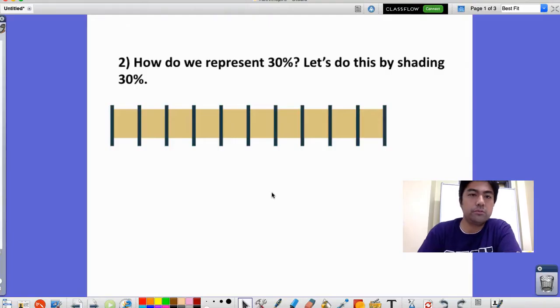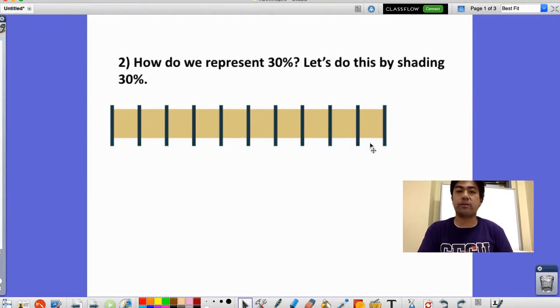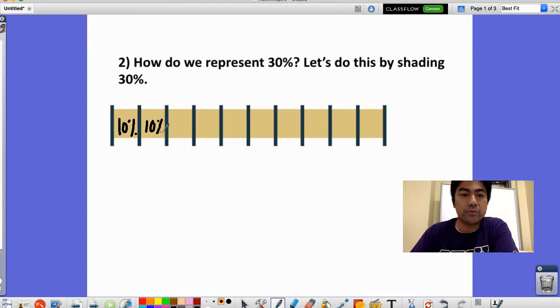Look at number 2. Number 2 says, how do we represent 30% on this percent ruler? Let's do this by shading 30%. Any ideas on how we should do this? Well, if we remember what we did in the last part, we learned that each of these tiny pieces is 10%.